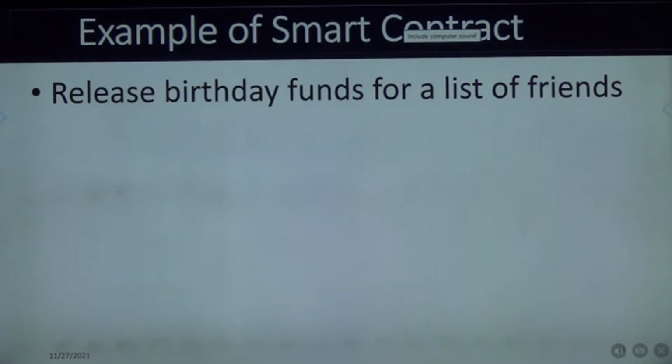Every year the contract is running, checking whether it is that day, 12 o'clock to 2400 hours, and you send some money to that account, if all those people have accounts. So you can come up with so many examples of smart contracts.